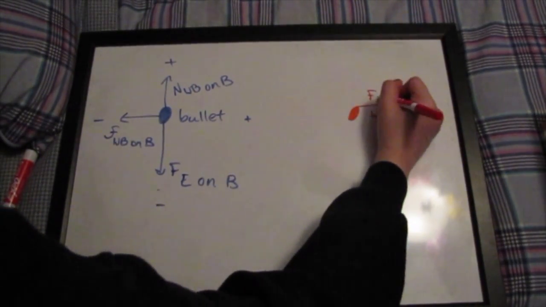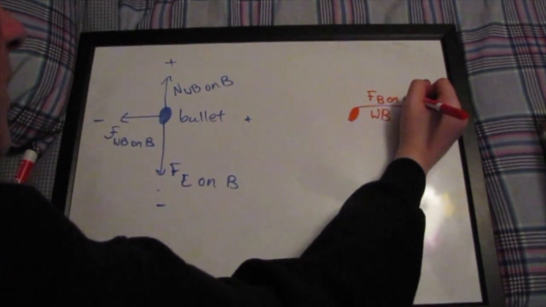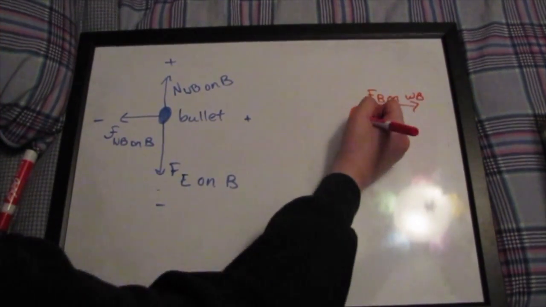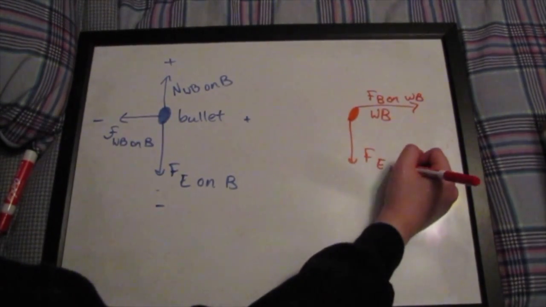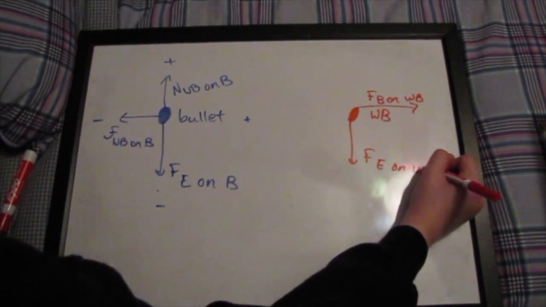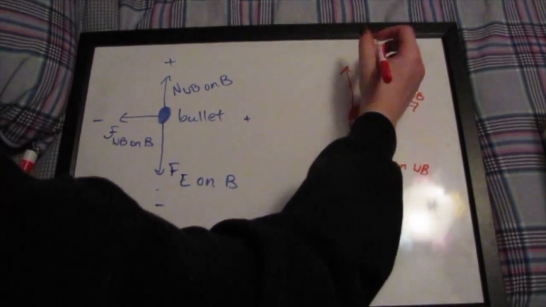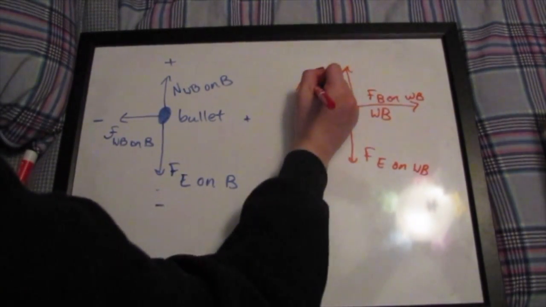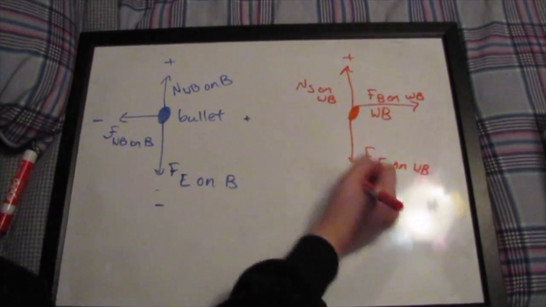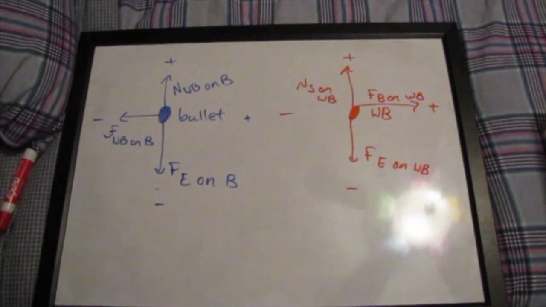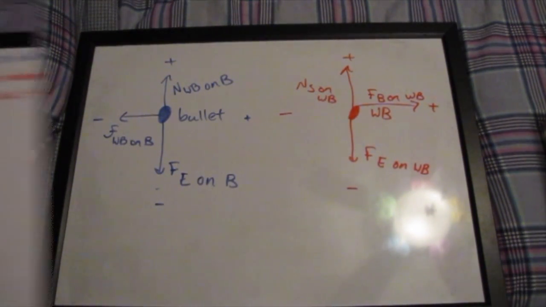So this is going to be force bullet on wooden block, and then it's also going to have the gravitational force from before that didn't change, and the surface force, the normal force from the surface. So these are our final force diagrams for this problem. Now on to the fun part, the math.